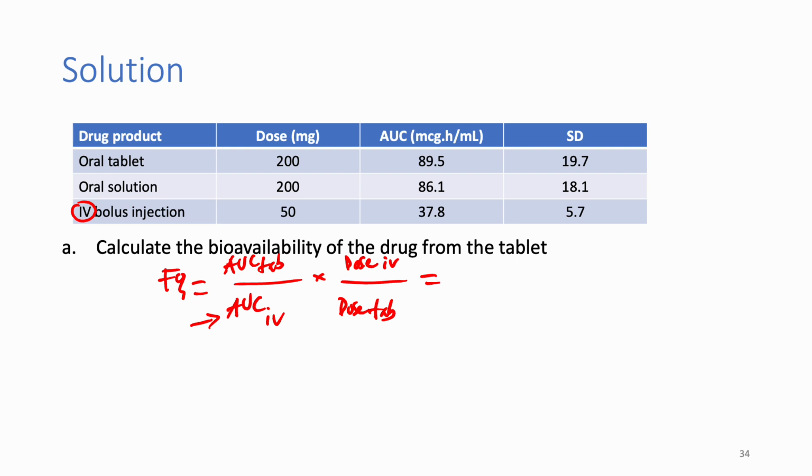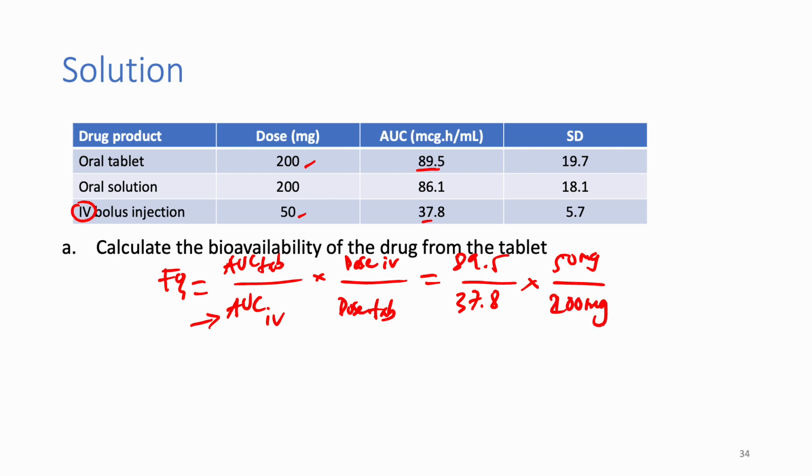Then the percentage of bioavailability will be equal to AUC tablet, which I have here as 89.5, divided by AUC of the IV, which is 37.8, times the dose of IV, which is 50 milligram, divided by the dose of the tablet, which is 200 milligram.